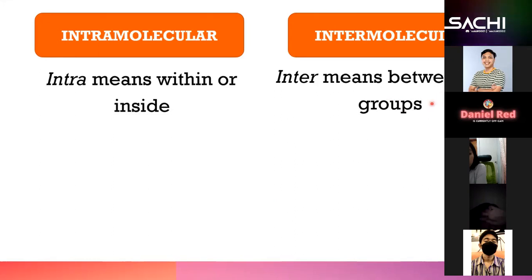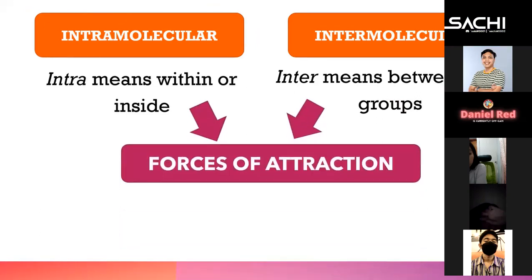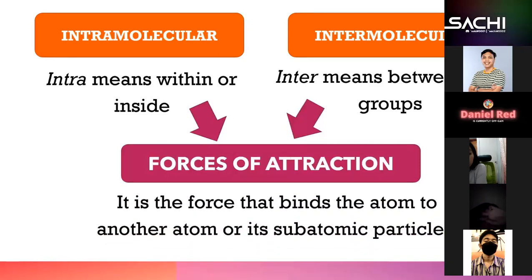It means that it is connecting two individual or two similar things together. So that is the difference between intramolecular and intermolecular. But remember, these two are forces of attraction. So these forces bind the atom to another atom or its subatomic particles.